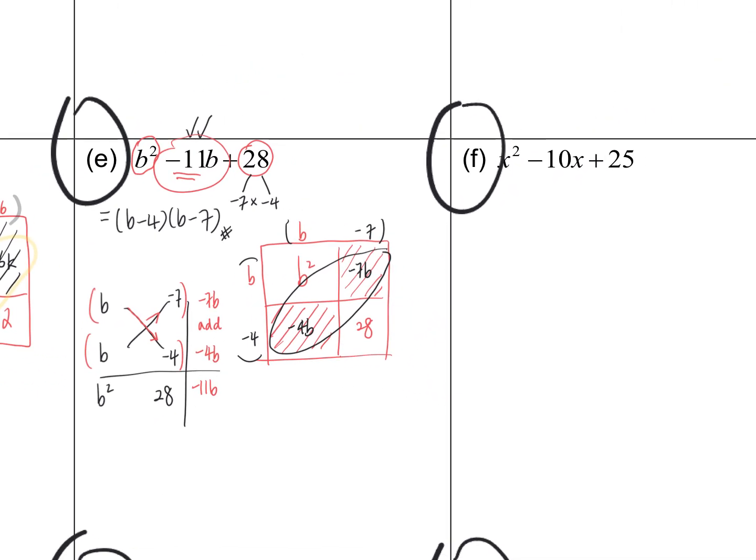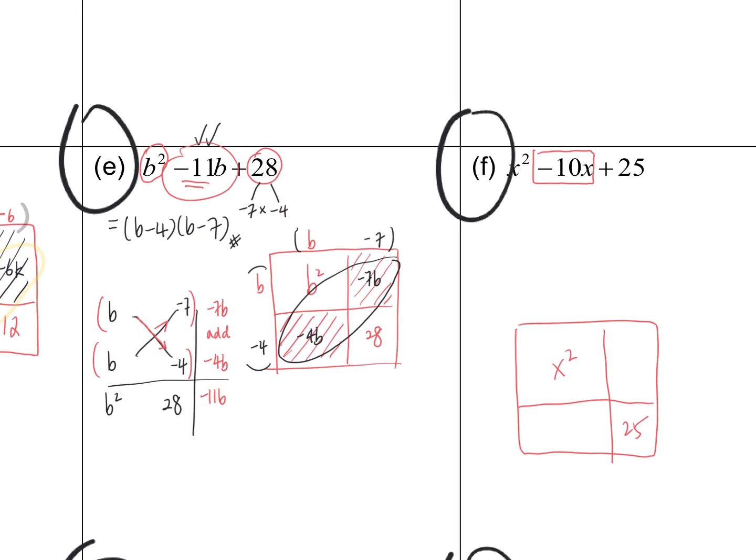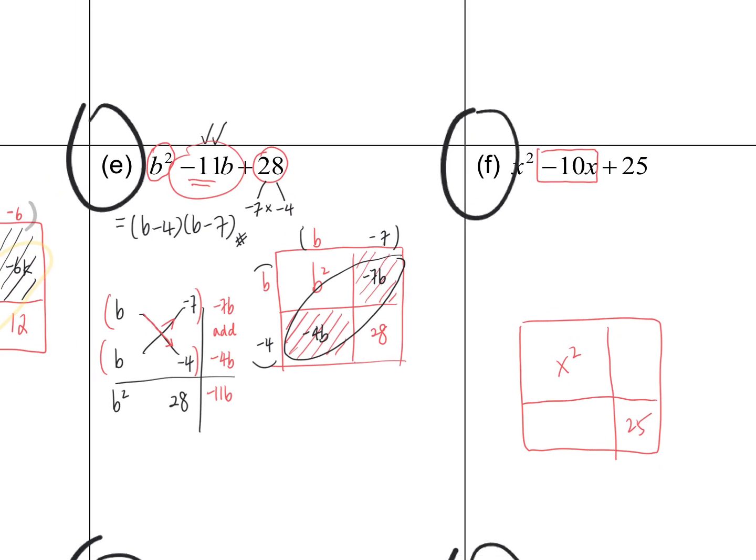Okay, next one. Same thing. X square goes here, 25 goes here. Remember, my goal is to get minus 10x. So what are the two factors of 25 that will give me minus 10? Minus 5 and minus 5. This is x by x. So this piece here gives me a minus 5x, this piece here gives me minus 5x.